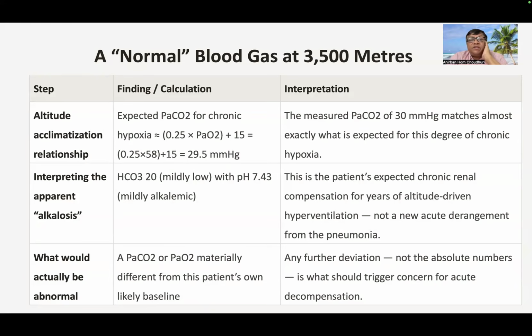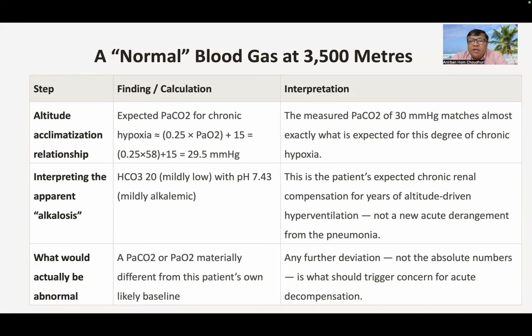So the measured PCO2 of 30 millimeters of mercury matches almost exactly what is expected for this degree of chronic hypoxia. Interpreting the apparent alkalosis, the bicarb of 20 is mildly low, with a pH of 7.3, which is mildly alkalemic. But this is the patient's expected chronic renal compensation for years of altitude-driven hyperventilation.